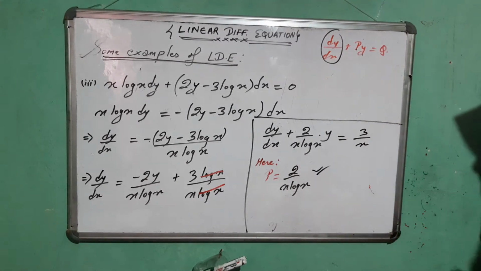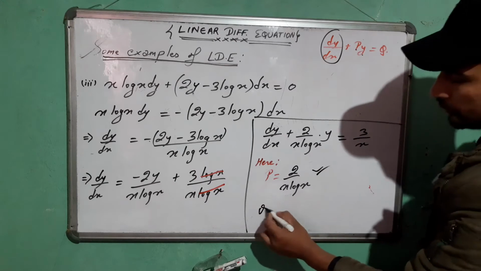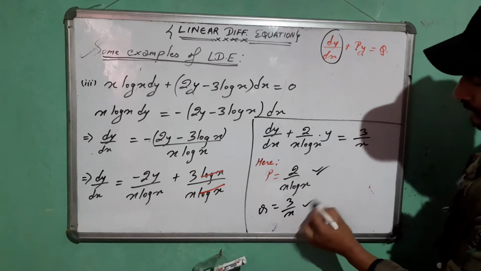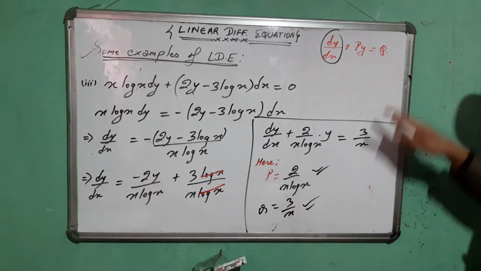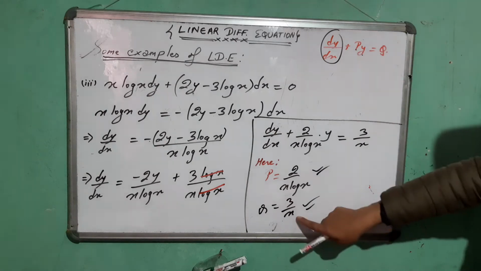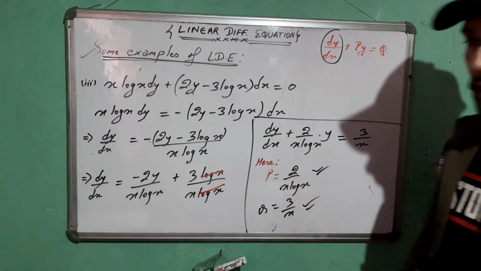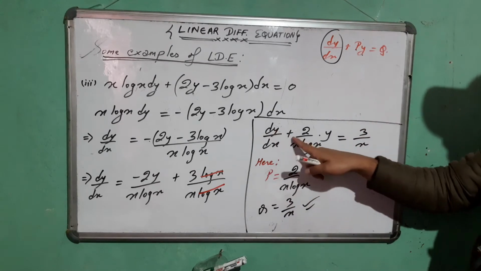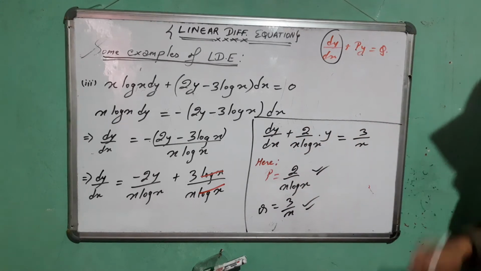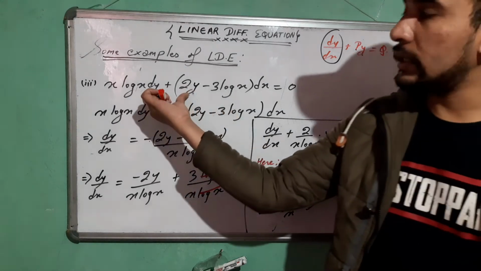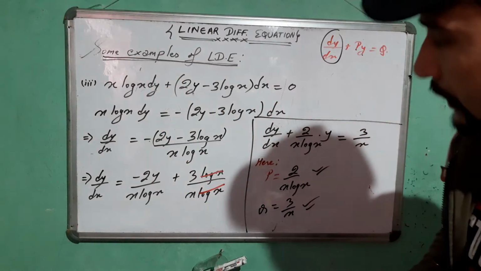So for p, the criteria is matched. Now q equals 3 by x. This is also a function of x. Q should be a function of x or a constant. Here we got q as a function of x. So the second criteria is also fulfilled. Okay, so this is of the form dy/dx plus py equals q. Hence, this equation is a linear differential equation.